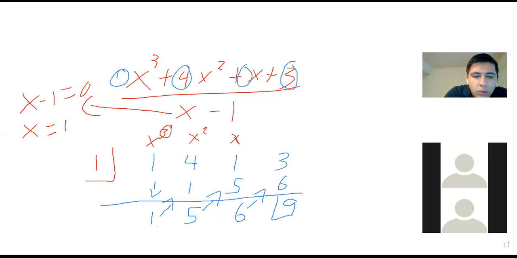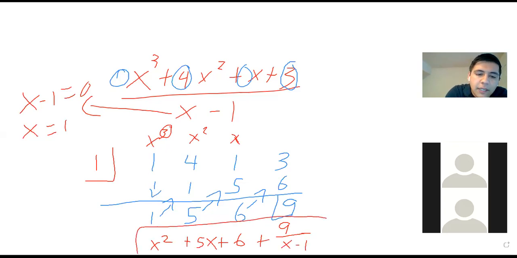So there's one that's x squared, and then x squared becomes 5x, and then we're left with 6. Now to write the remainder, we need to put that 9 on top of x minus 1, the thing that we were dividing with originally. So we can't really do anything with the remainder, but we just know that it's there. It doesn't go away, right? And so that becomes our final answer.